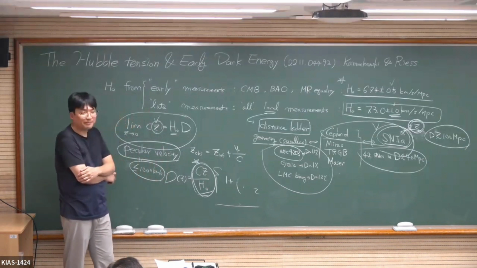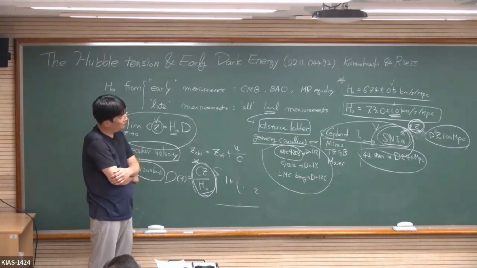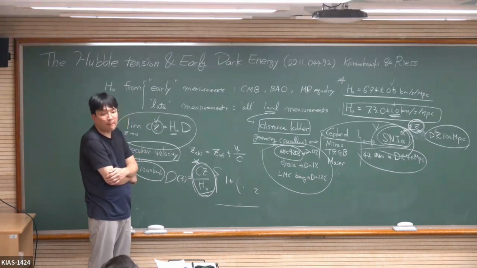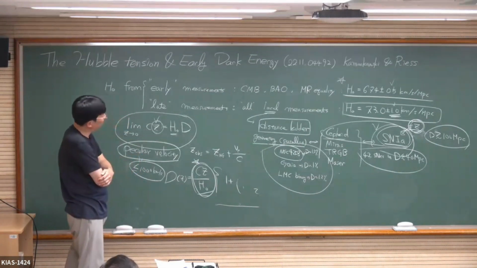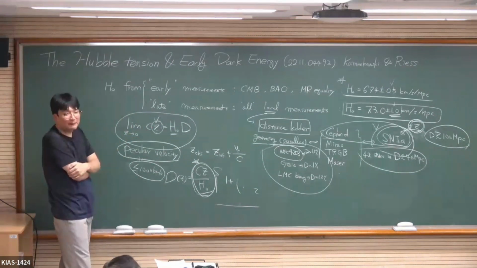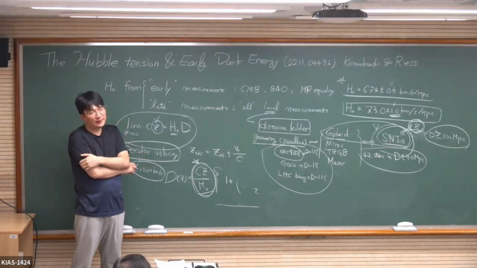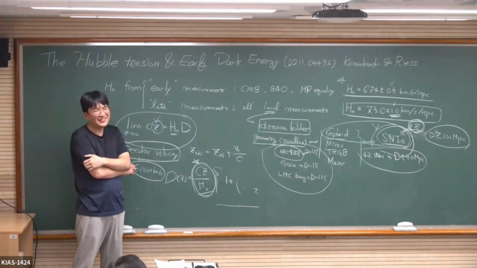Okay. I also want to add one thing. Even at the distance of 100 megaparsec, the peculiar velocity effect can be a few percent, so it's not completely negligible. Yes, 100 megaparsec is actually 70 h to the minus one megaparsec. Right.